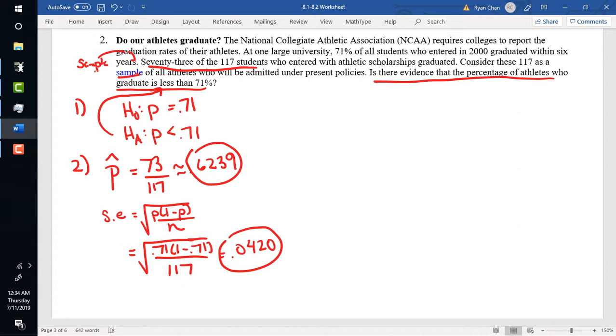Okay. So let's talk about what's happening, right? So let's look at our curve. Our curve looks like this. So the idea is, my P is 0.71, okay?